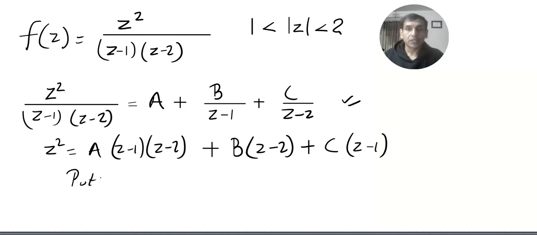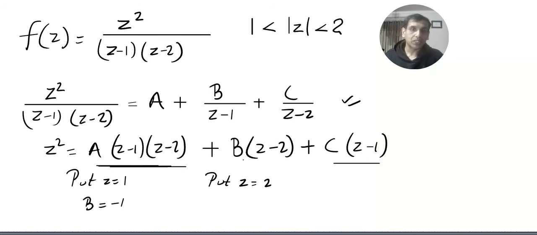Now I will put z equal to 1, and when I plug in z equal to 1, these two will disappear and I'll get b is equal to minus 1. Now I'll put z equal to 2. When I put z equal to 2, this and this will vanish, so I'll get c is equal to 4. And now I'll put some random value. I'm plugging in z equal to 0.